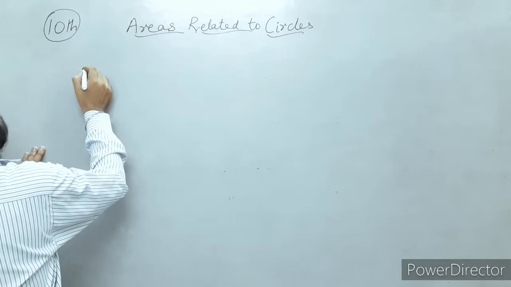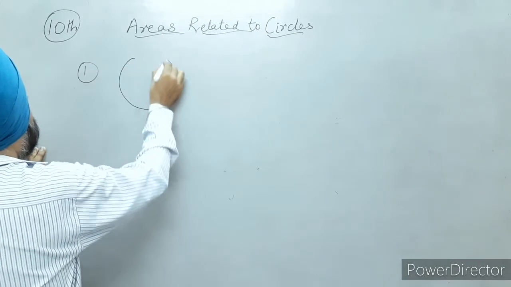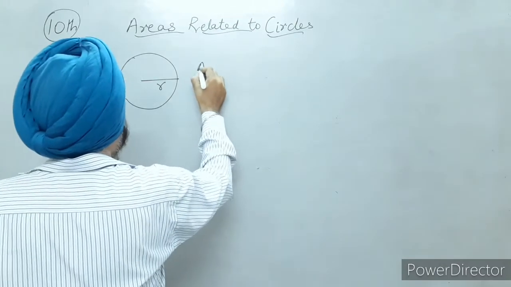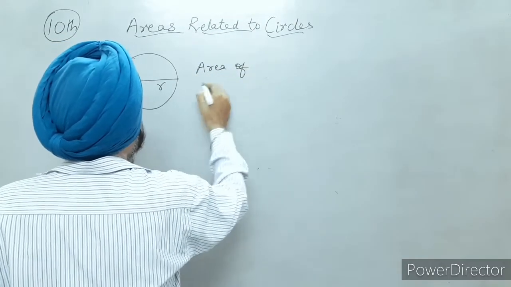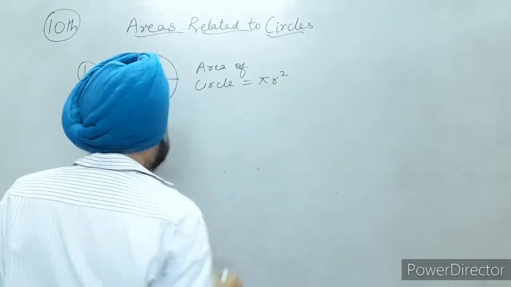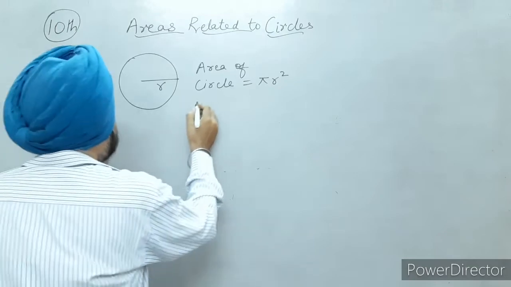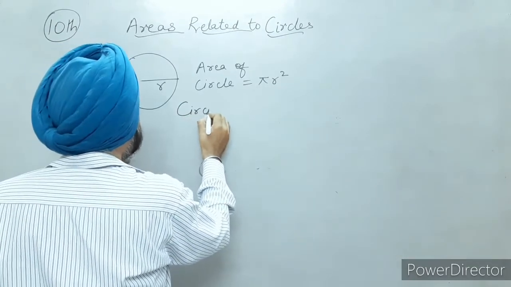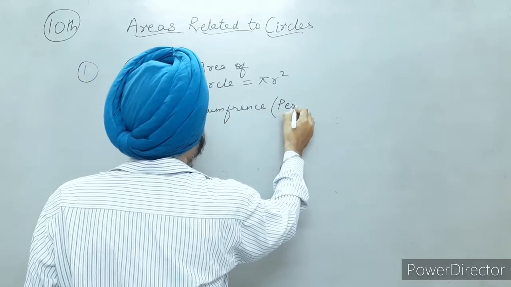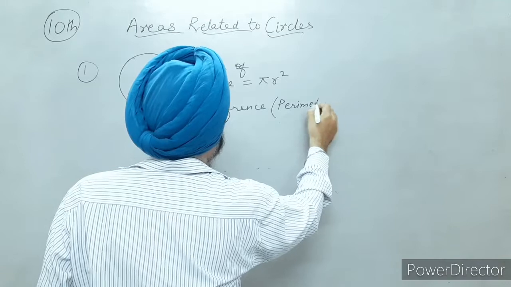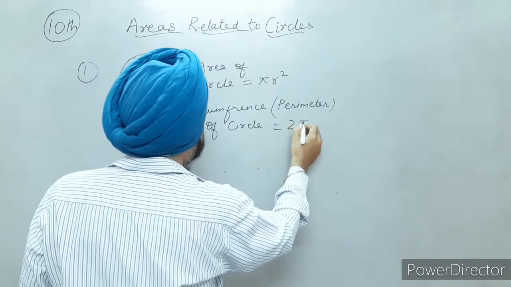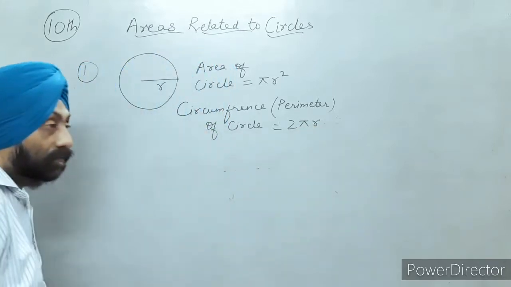Now the very first formula. All of you must be knowing this, that area of circle is pi r square, right? Then circumference, or we call it perimeter of circle is 2 pi r, right?